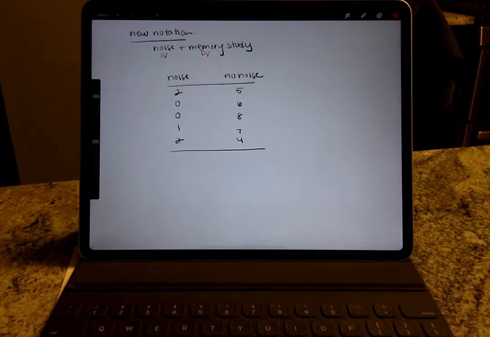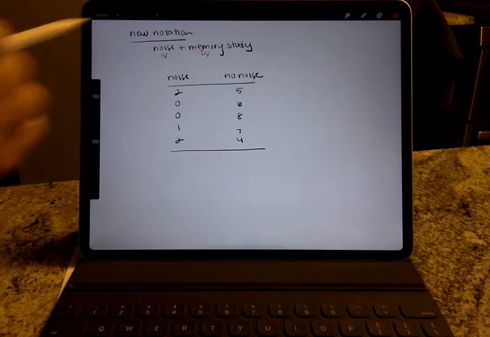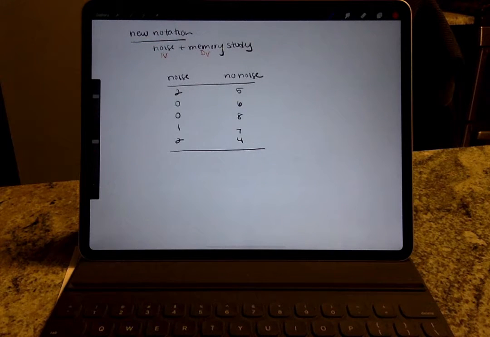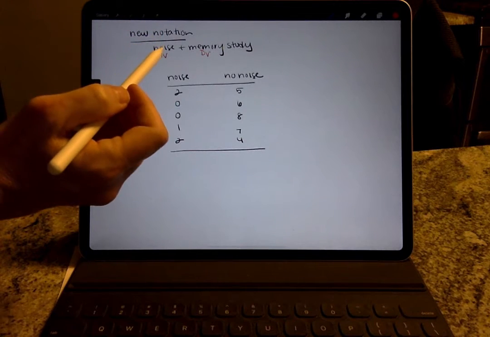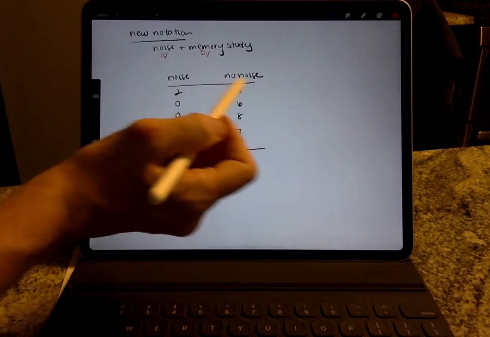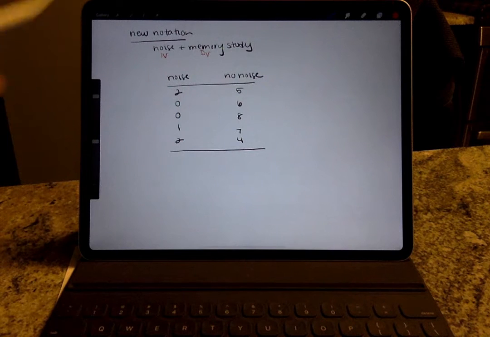All right, so now for the new notation. In the ANOVA, we refer to our independent variables by consecutive letters of the alphabet starting with A. Now, for the first few weeks that we do the ANOVAs, we're only going to have a single independent variable. In this case, we only have one independent variable, it's noise, and it has two different levels.